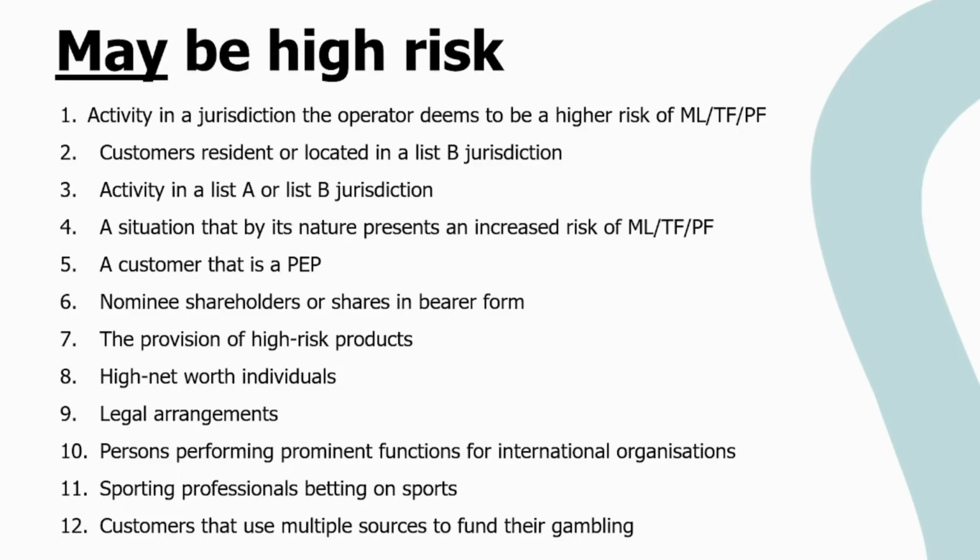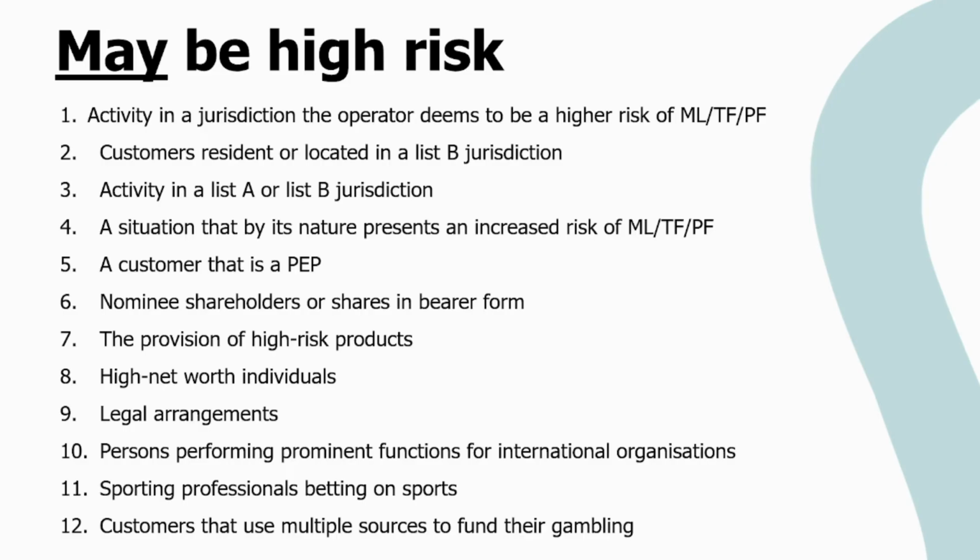There are also 12 factors that may deem a customer a higher risk. First, activity in a jurisdiction that the operator deems to be higher risk of money laundering, terrorist financing, or proliferation financing.